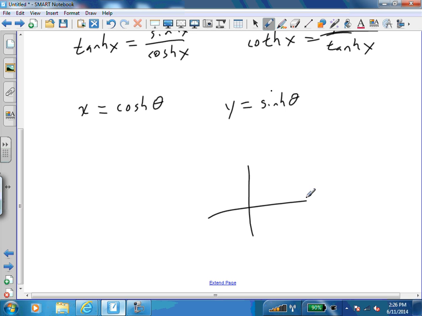When you were to plot that, you would get a hyperbola. That's why they're called hyperbolics.